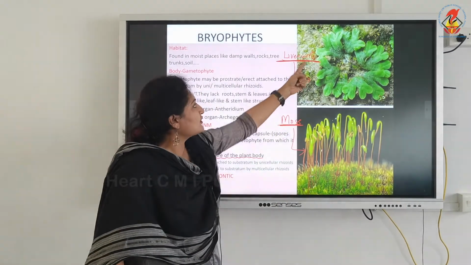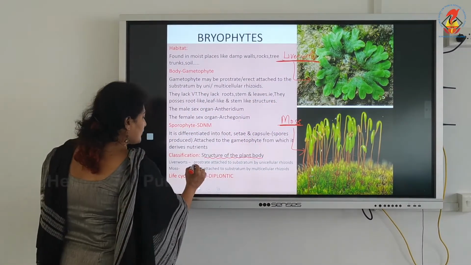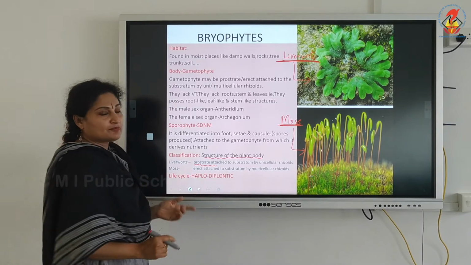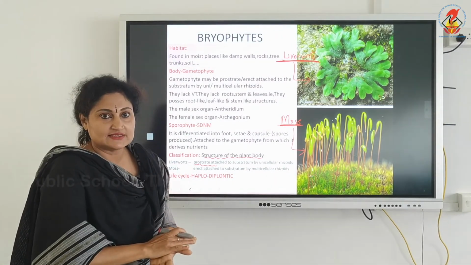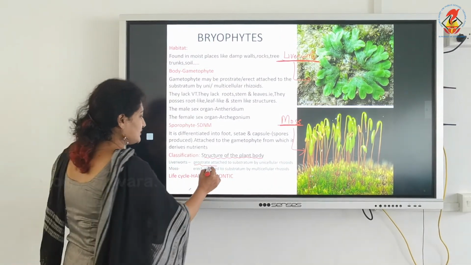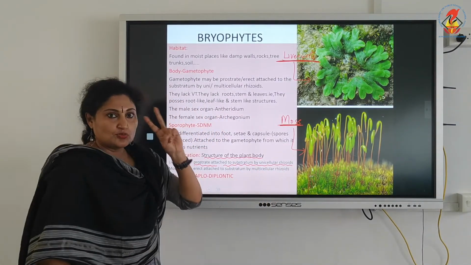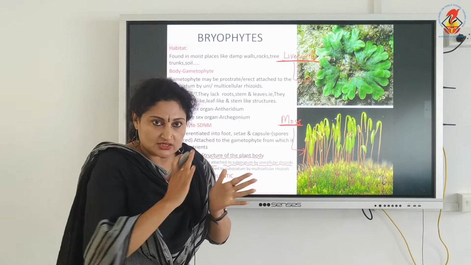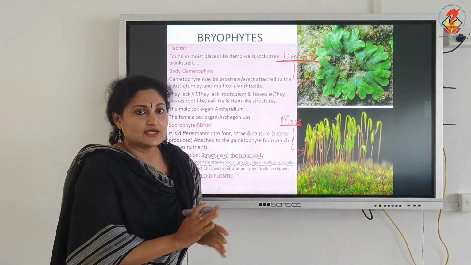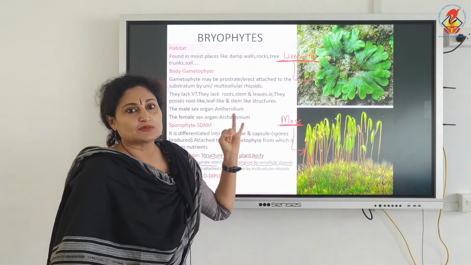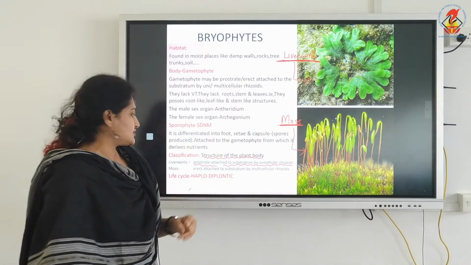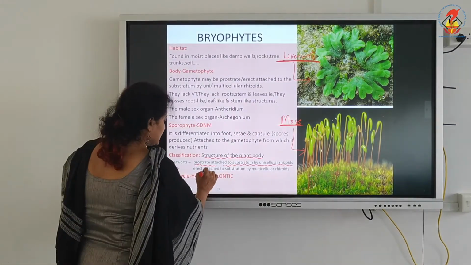So, describe the body structure of liverworts. Prostrate. I told you the meaning of prostrate: those that are dorsiventrally flattened and appressed to the substratum, and they are attached to the substratum by unicellular rhizoids. So two points you get. They are prostrate, that is flat, thalloid-like. And the second point is they attach to the substratum by unicellular rhizoids. Now moss, they are erect.